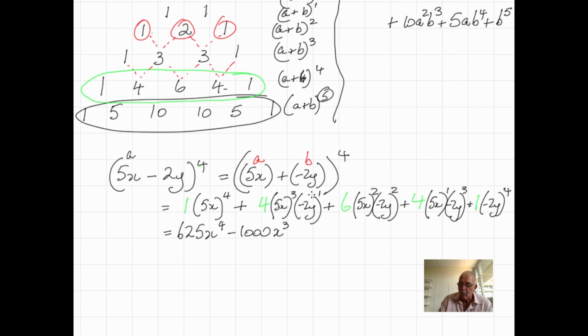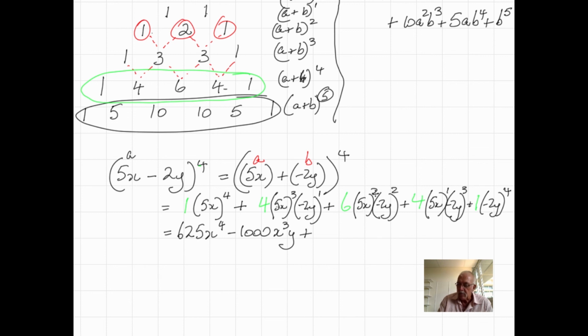X to the power of 3, y to the 1. So just doing that again, we've got the 4. 5 to the power of 3 is 125. So 4 times 125 is 500. And that's times negative 2. So 500 times negative 2 is negative 1,000. Plus, or use your calculator.